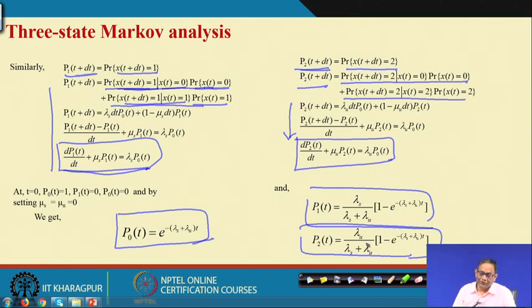Okay. So, the situation may be a 4 state or n state situation, and you can use Markov chain or Markov analysis to find out the different scenarios and different probability parameters for components under consideration.